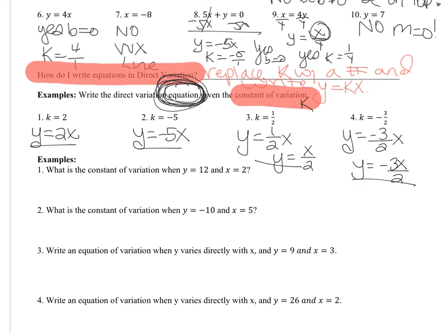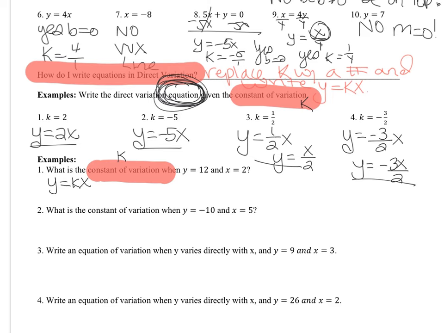Okay? So look at these examples. It says, what is the constant of variation when y equals 12 and x equals 2? Constant of variation is the exact same thing as k. So I'm going to write my direct variation equation, which is y equals kx.